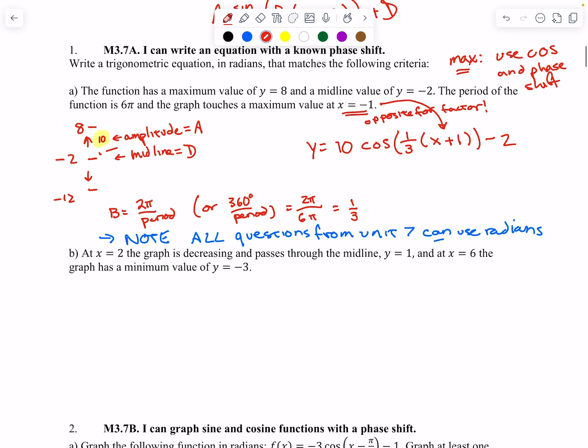Okay, next. At 2, the graph is decreasing and passes through the midline. So if you're at the midline, you use sine. And if you're decreasing, you want to use negative sine. I'll write in minus.